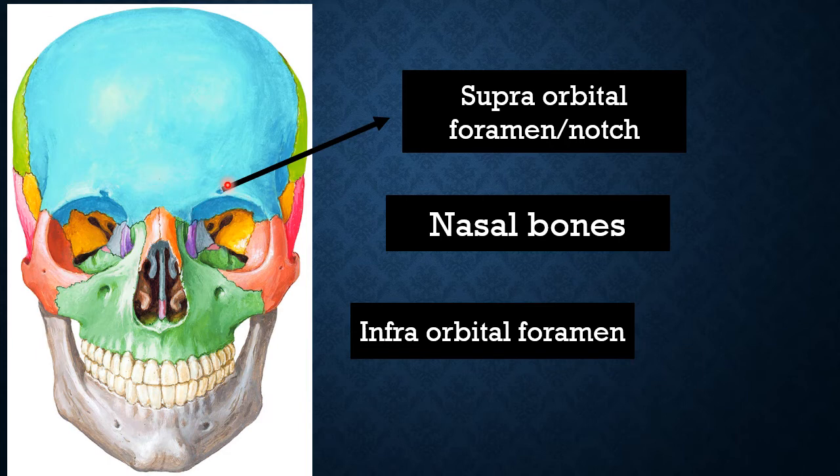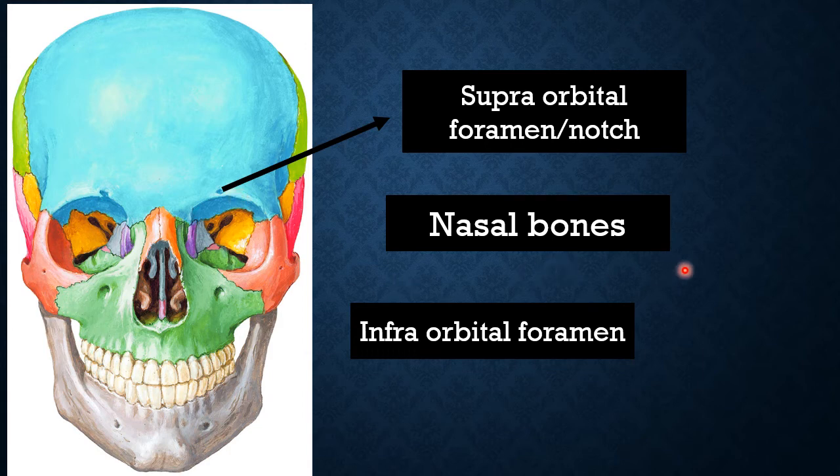If a foramen is present, they may pass a needle through it and ask you to find out that foramen, the supraorbital foramen. In some skulls you can identify the notch, and in some the foramen. So if the notch is present, write supraorbital notch; if the foramen is present, write supraorbital foramen.